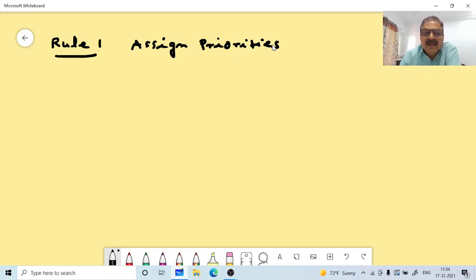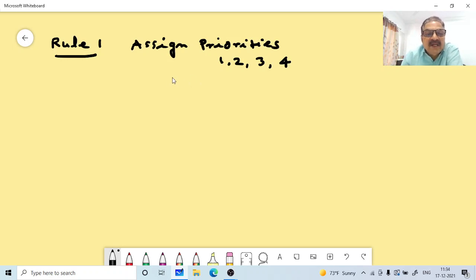So assign priorities: priority 1, priority 2, priority 3, priority 4. This is the convention. Assign priorities to the atoms directly bonded to the stereogenic center in the order of decreasing atomic numbers.